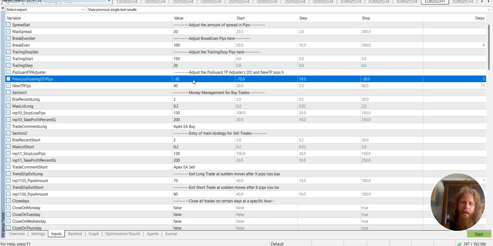The reason is, and this feature alone increased profitability, and it didn't decrease the risk to reward ratio, which is very interesting.